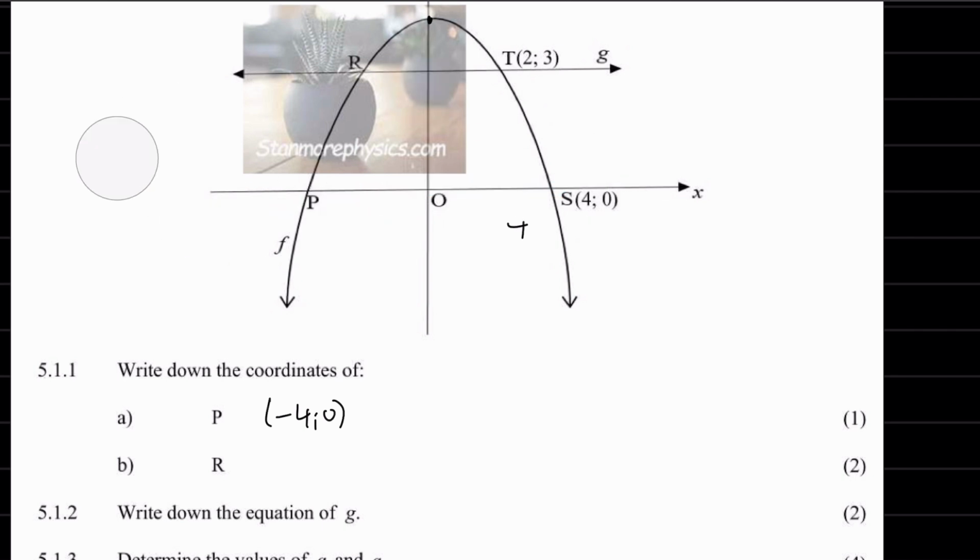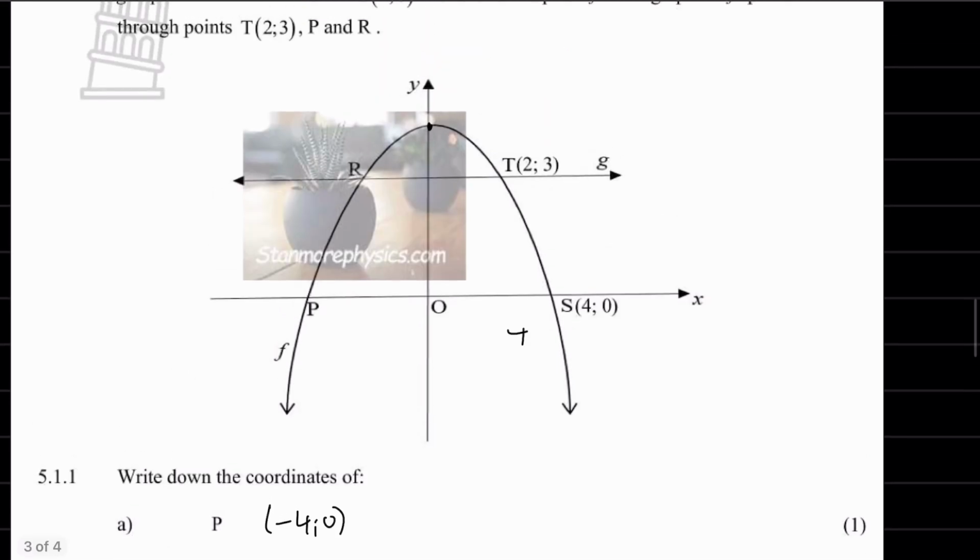Let's clear this up. All right. Now write down the coordinates of R. Same thing applies here. For R, we're going to use symmetry to figure out what R is. R lies on this line G. And since G is a straight line, the y value is going to remain the same. So R is going to be something and 3.